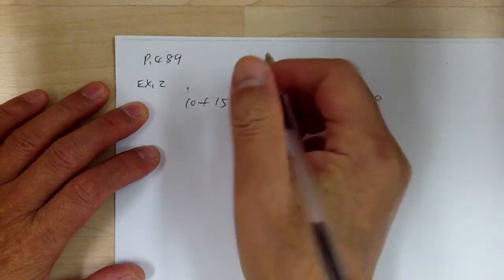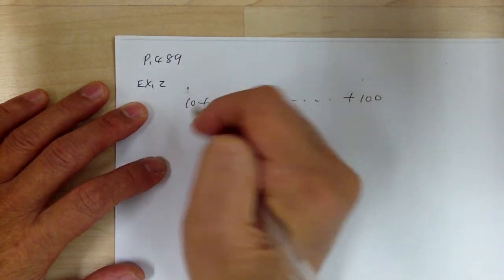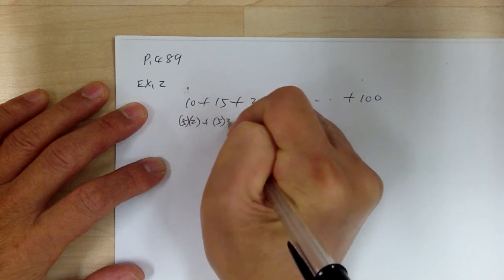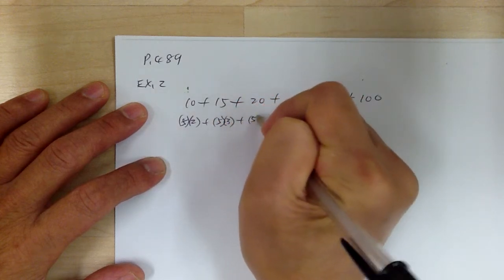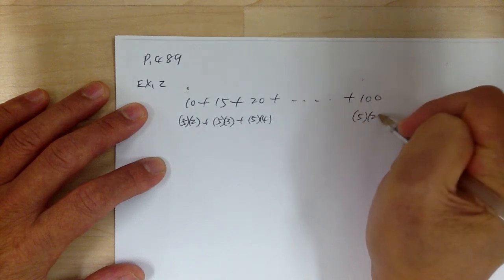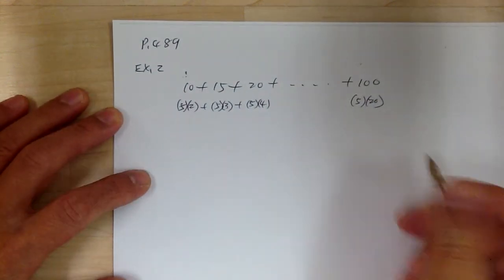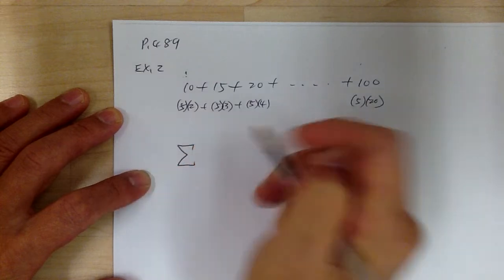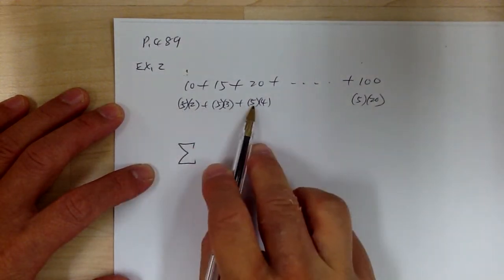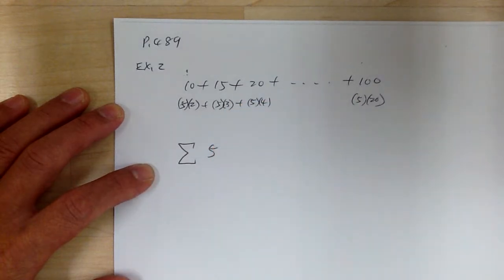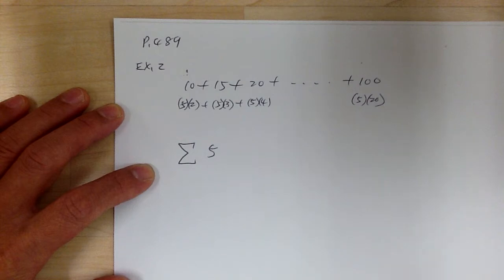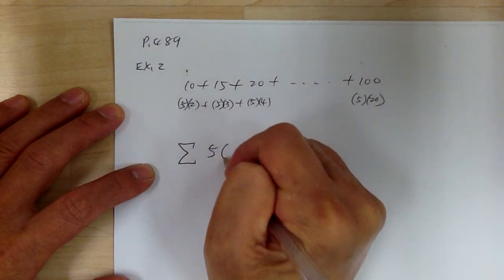This is equal to 5 times 2, this is 5 times 3, this is 5 times 4, and this is 5 times 20. Remember, the part that's the same, the constant, is the one that does not change. The part that's changing is your n, or whatever variable you're using. So this is going to be n.